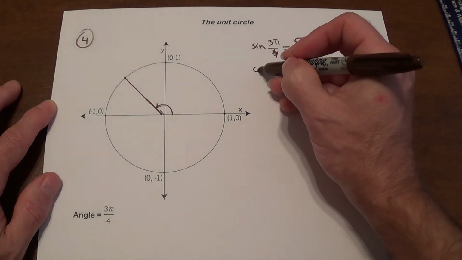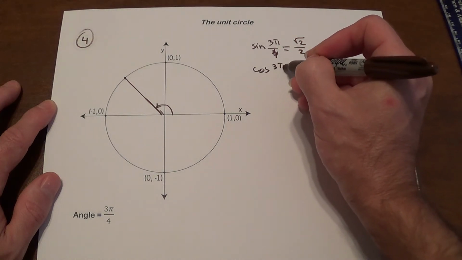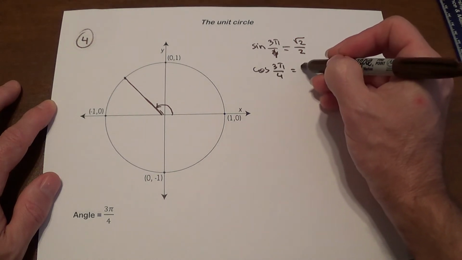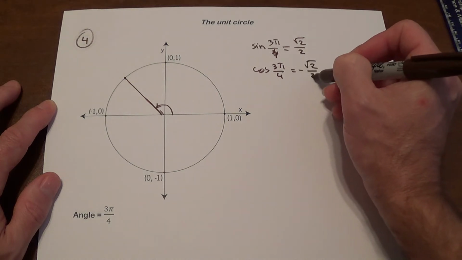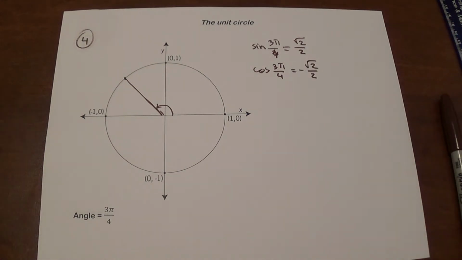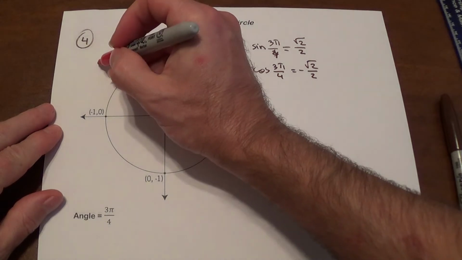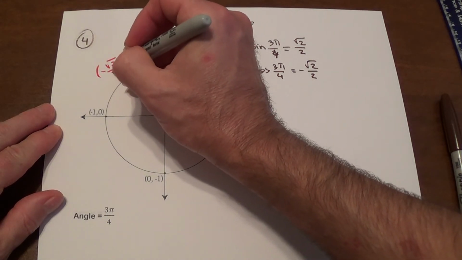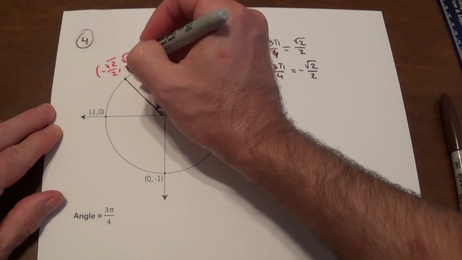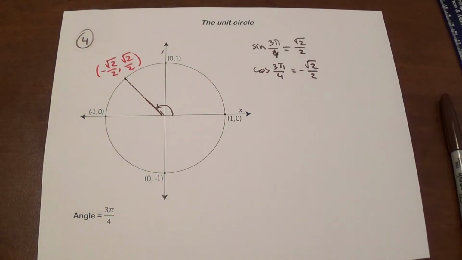The value of cosine of 3 pi over 4 is going to be negative square root of 2 over 2. So those are the coordinates of the point on the unit circle: negative square root of 2 over 2, square root of 2 over 2. And this is what you often see on the unit circle.